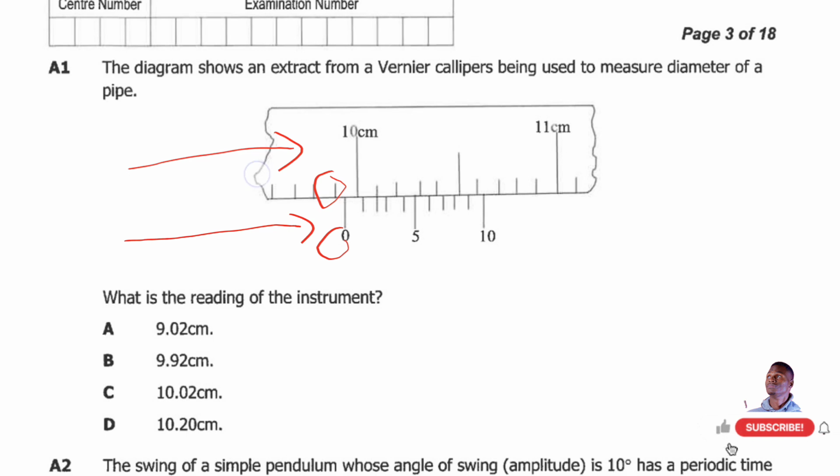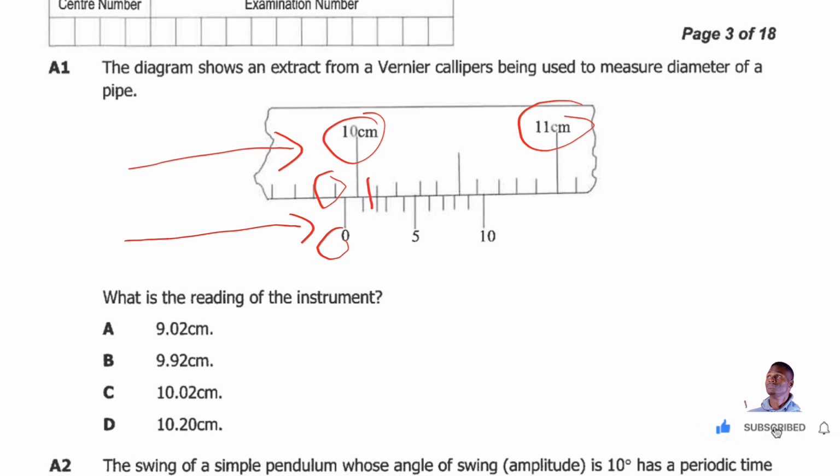So the mark on top on the main scale is this one. Now, what is the value of this? If this is 10, then this one is supposed to be 9.9. Why 9.9? Check, this is 10 and this is 11, and you have 10 lines. Let's calculate together.